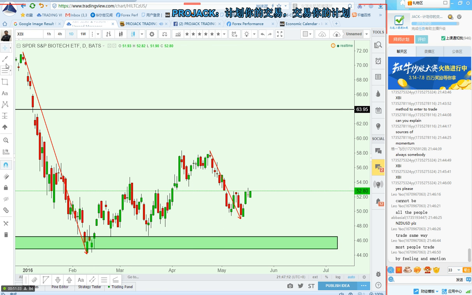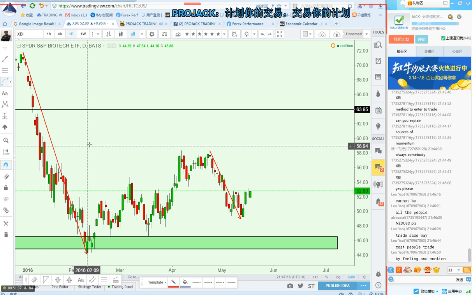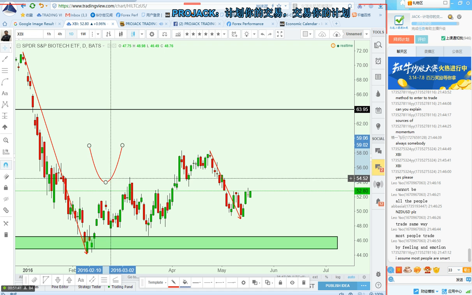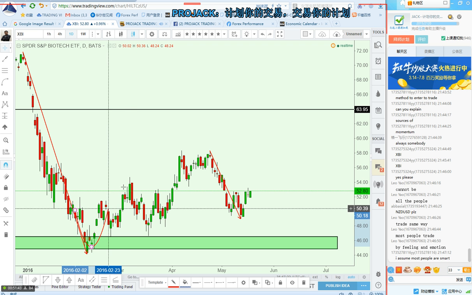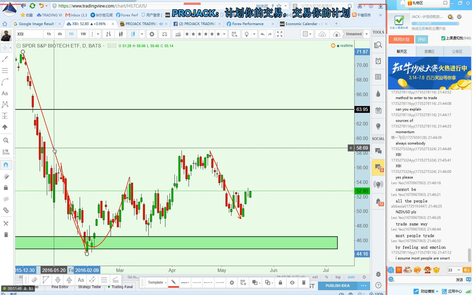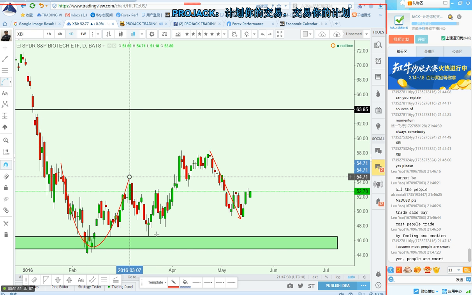You see a double bottom. Do you see a double bottom? This is the first bottom. Let me drag. This is the first bottom, right? The second bottom is here.